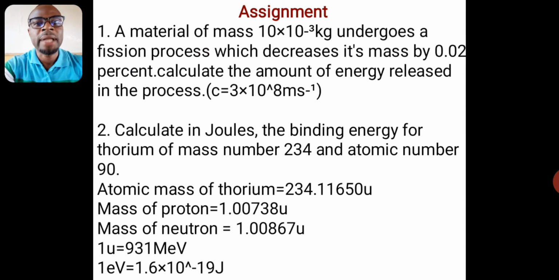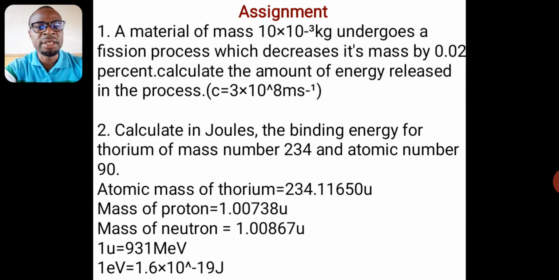All right. That is where we are going to stop for now, and I will be leaving you with this assignment. Number 1, a material of mass 10 times 10 raised to the power 3 kilograms undergoes a fission process which decreases its mass by 0.02%.